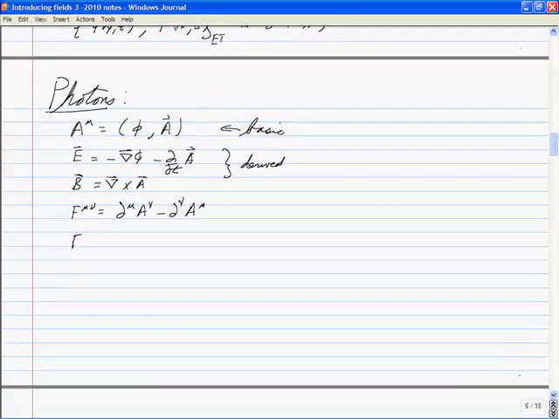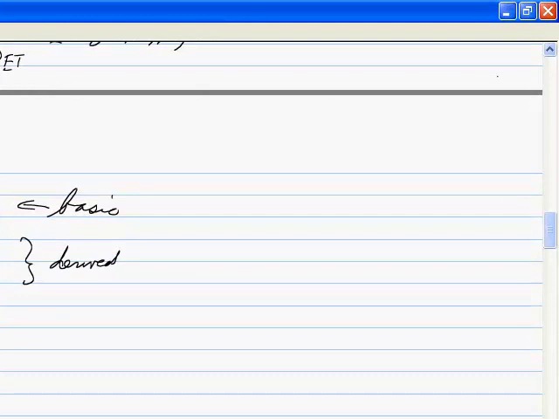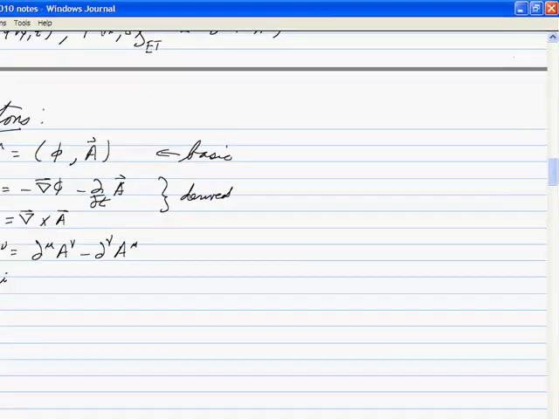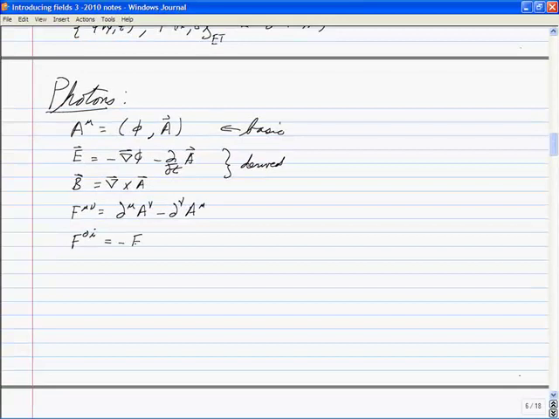And if you look at F0i, so one of the indices is time and one is space, I get d by dt of a space guy or d by dx of a time guy. That gives me the E field.